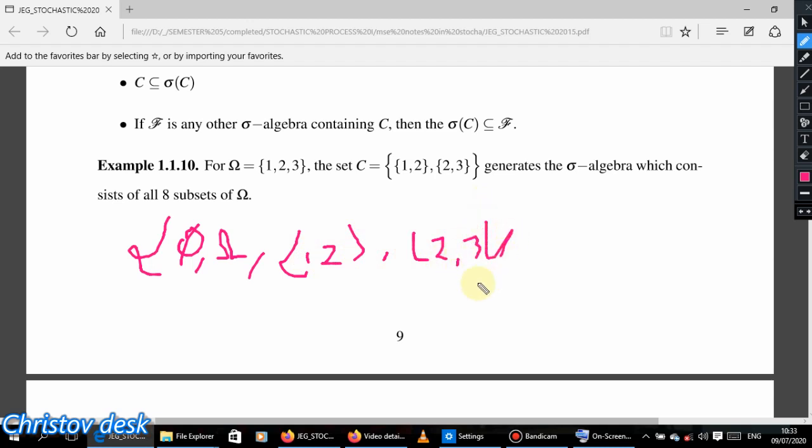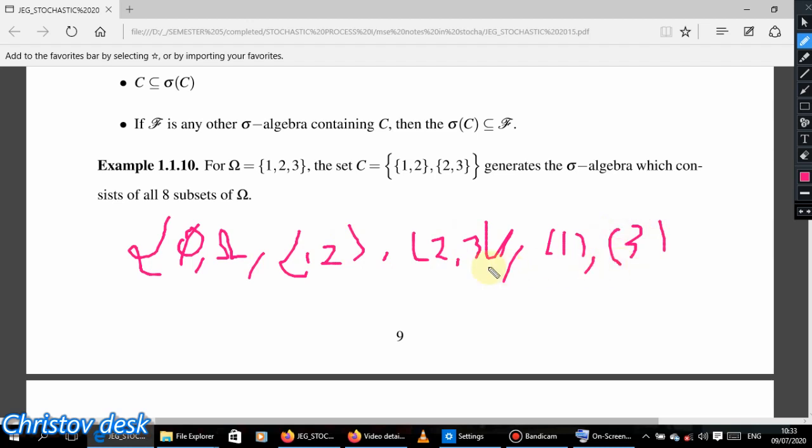So you have to look at the complements. The complement of {2, 3} is {1}, and the complement of {1, 2} is {3}.